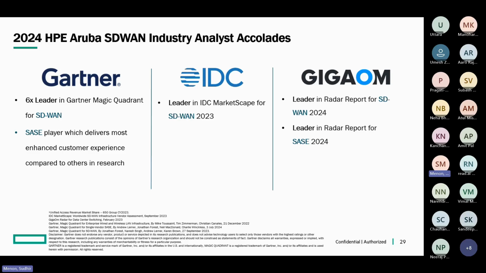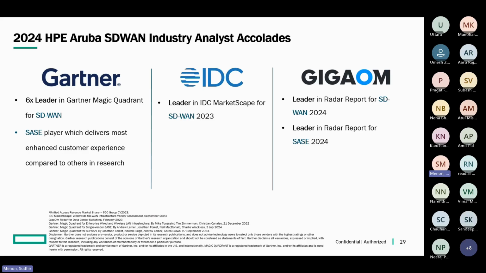SASE includes both SD-WAN and SSE. This is because, as I mentioned, it is not just security but also the performance that we enhance with our SSE, with an edge cloud approach, and also the application steering and application performance enhancement which we have on SD-WAN.